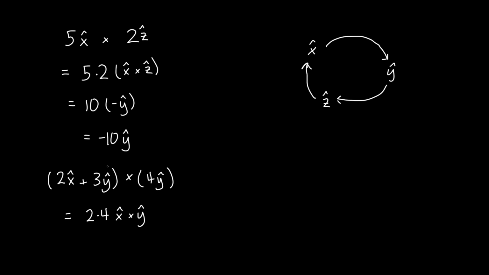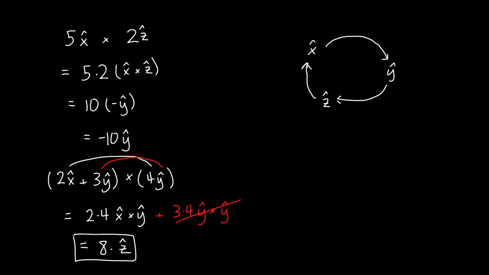And then the second term, which is 3, so plus 3 times 4, y hat cross y hat. And as we said before, anytime you cross a unit vector with itself, you get 0. So this is just 0. And this we end up 8 times, and then we look at our diagram, x hat cross y hat, that just gives us z hat. And so we're left with the vector 8z hat.